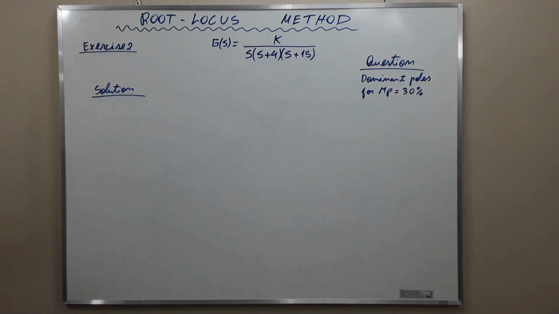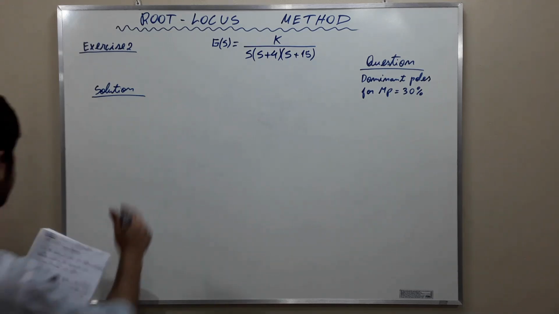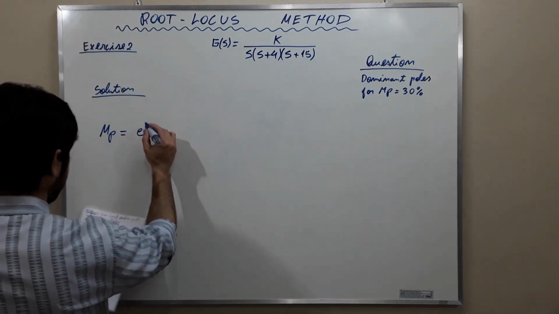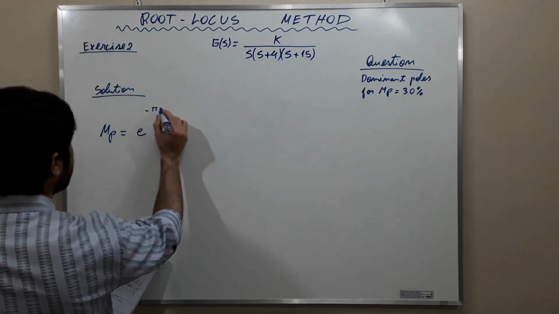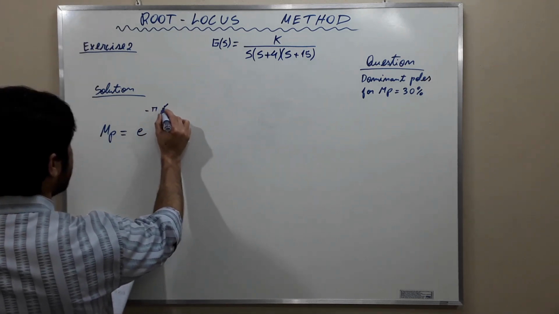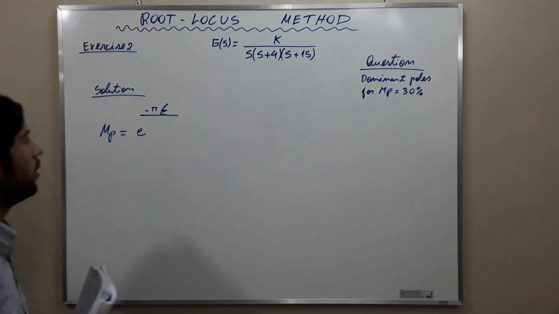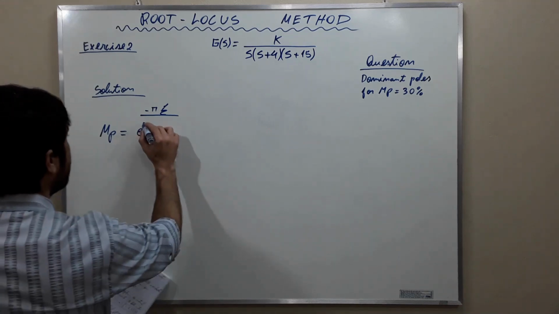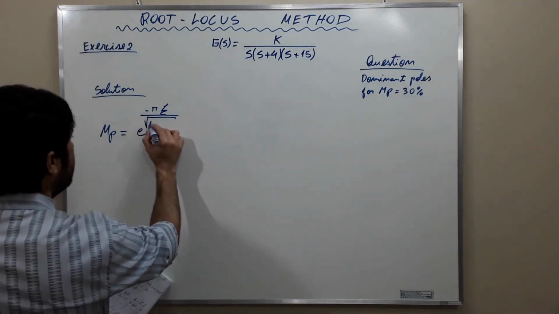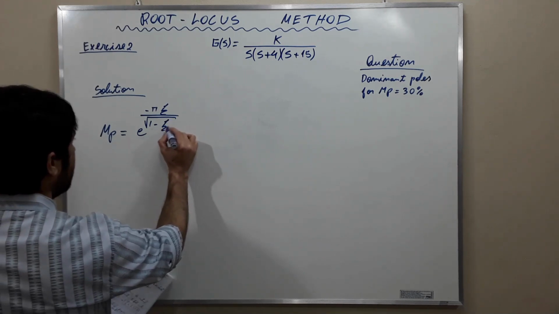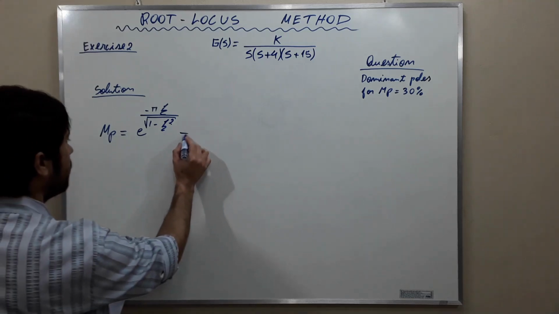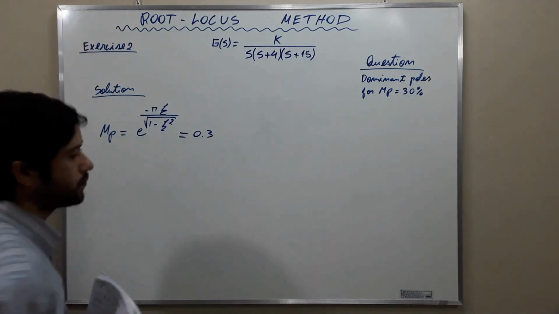Using the expression for the maximum overshoot, we obtain that e to the power of minus pi times zeta over the square root of 1 minus zeta squared has to be equal to 0.3.